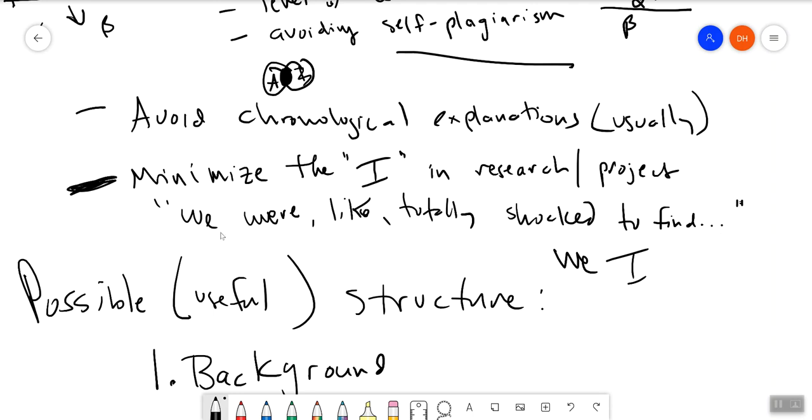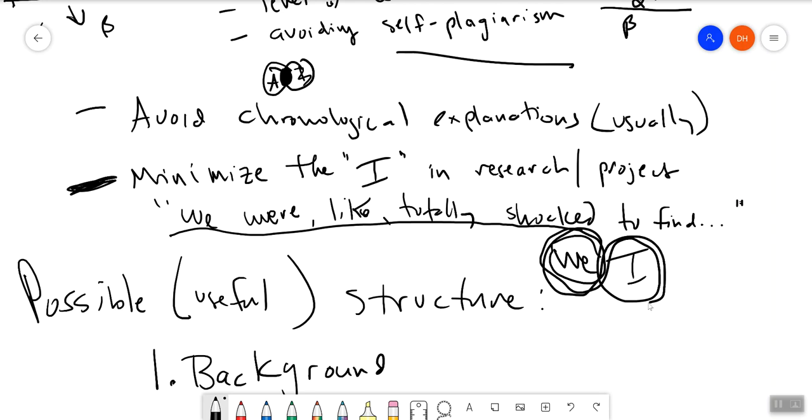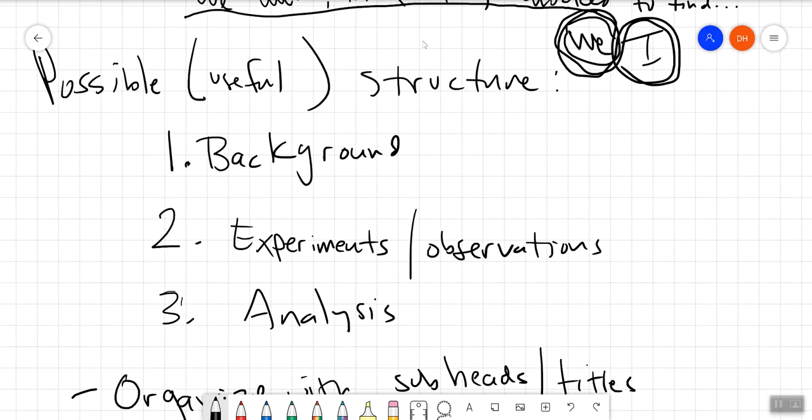This is clearly a joke, but you want to watch out for this kind of language, especially in the natural sciences. Social sciences are a little bit looser with these pronouns, but in general, we're going to try to watch out for them. So watch out for chronological explanations and try to minimize the use of personal pronouns in papers.